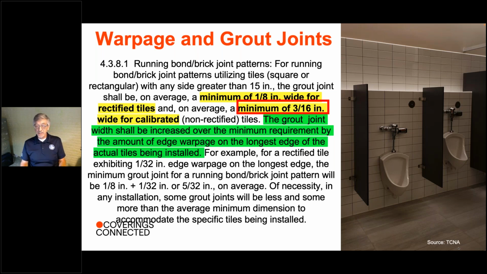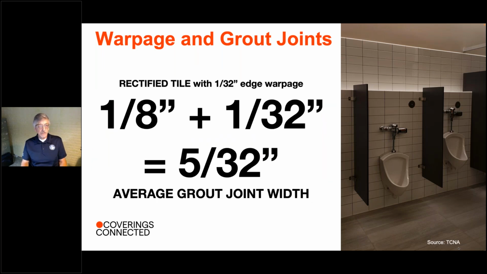So the example here is for a rectified tile that has 1/32 of an inch warpage along the edge, you need to add that to the 1/8 of an inch grout joint. Let me show it to you this way.